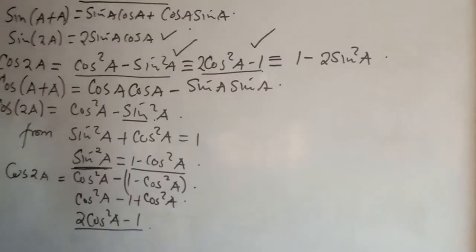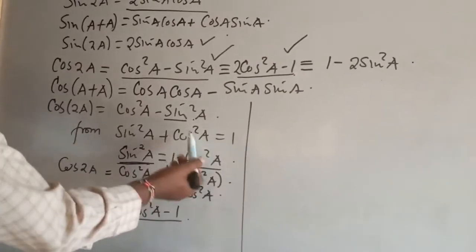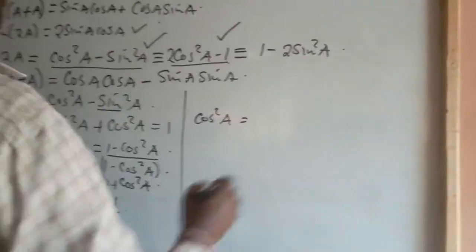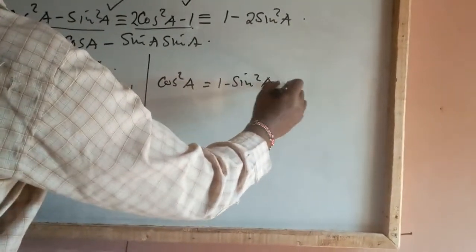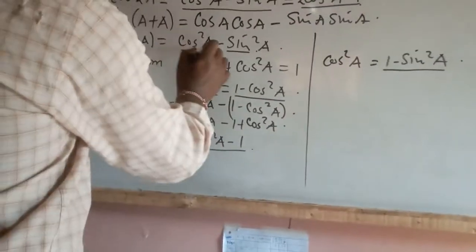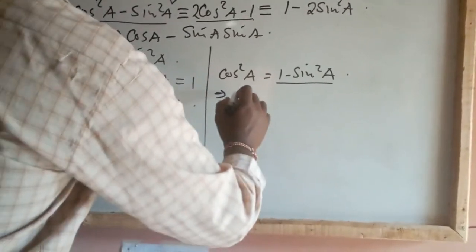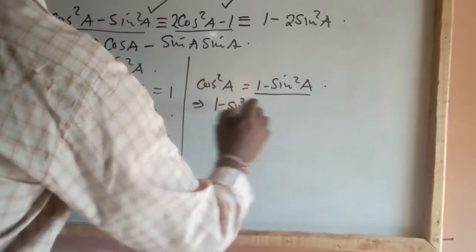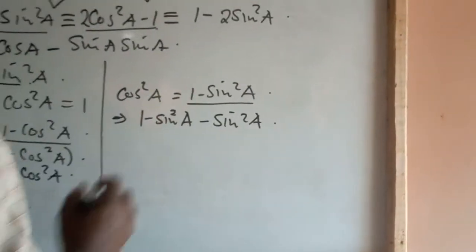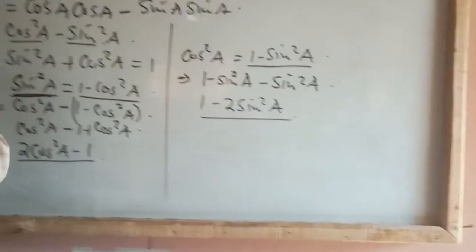Moving further, the same way we have made sine squared of A the subject of the formula, we can still make the cosine squared of A the subject of the formula and have the cosine squared of A equal to 1 minus the sine squared of A. And this part can now be substituted here, because the cos 2A is cosine squared of A, which is equal to 1 minus the sine squared of A, of course minus this part, the sine squared of A, giving us 1 minus 2 sine squared of A. That also tells us it is equal to the cosine of 2A.